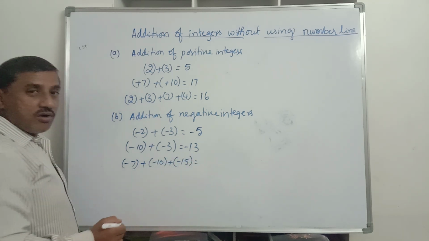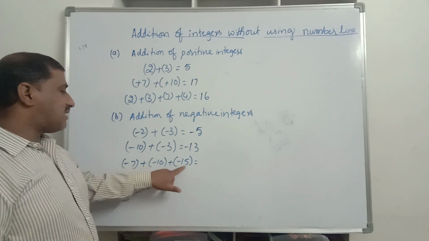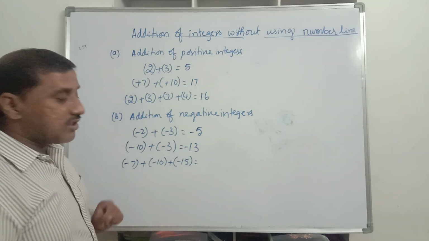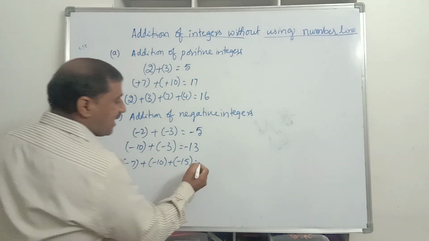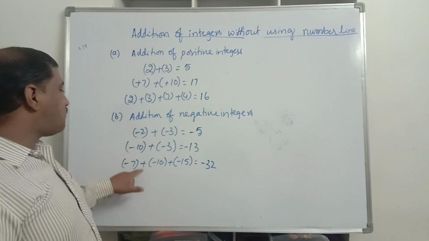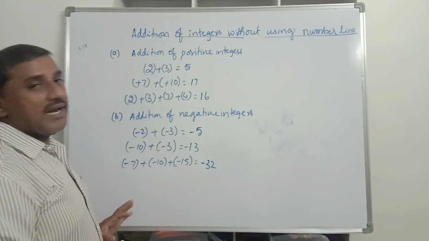Add the numbers. 10 plus 15, 25. 25 plus 7, it is 32. What sign should we keep? Minus sign. Minus 32. So from this what can we conclude? The addition of two or more negative integers is always a negative integer.